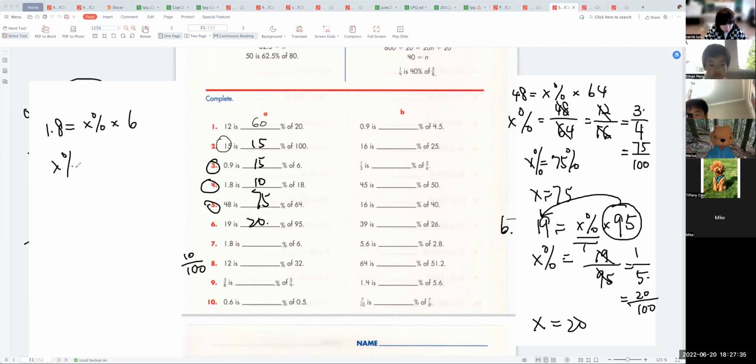So X percent equals what? Equals 1.8 divided by 6 or 6 divided by 1.8? 1.8 divided by 6. Very good. So this one equals what?